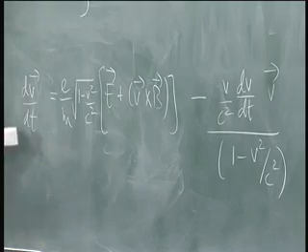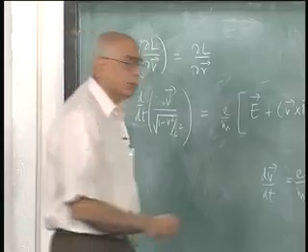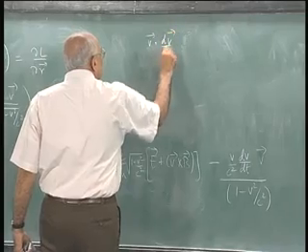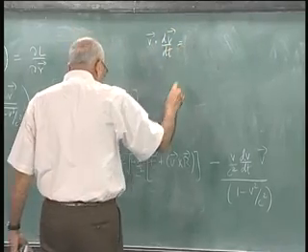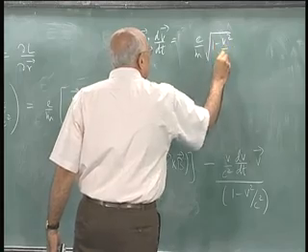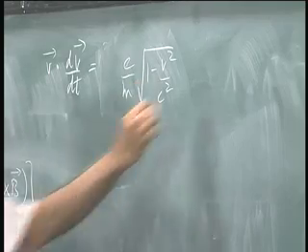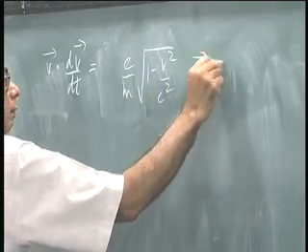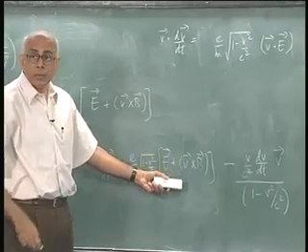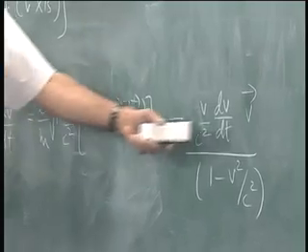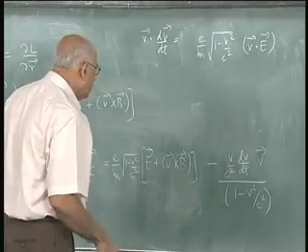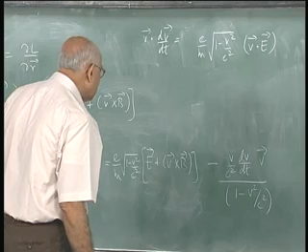If I take this equation and dot it with v on both sides, then I get v dot dv over dt equal to e over m times the square root of 1 minus v squared over c squared times v dot E, and then this term is 0, and I get a v squared here. There seems to be an extra v sitting somewhere.